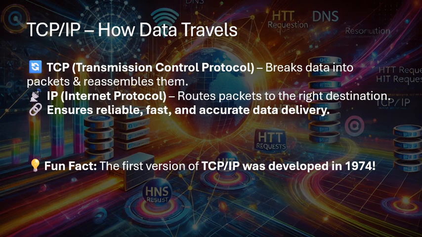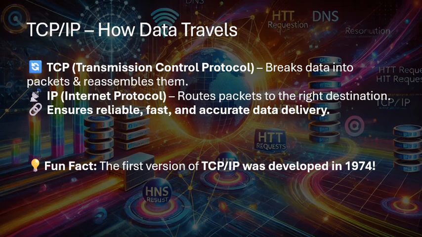Now we'll talk about TCP and IP, and how data travels. The internet relies on TCP/IP to send and receive information. TCP stands for Transmission Control Protocol, which breaks data into packets and reassembles them. For example, our file size is 1 MB and each packet is 2 KB.